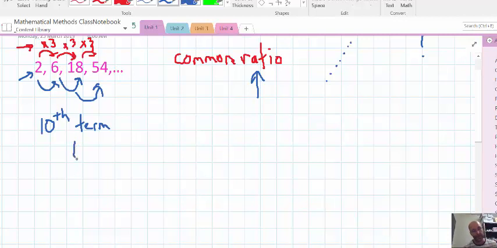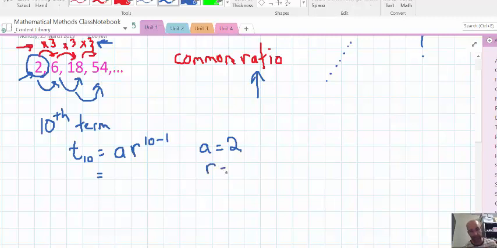So for the 10th term, t sub 10 equals a times r to the 10 minus 1. a is the first term, a equals 2. The common ratio we determined before, the multiplier going from one successive term to the next, is 3. We're ready for business here.